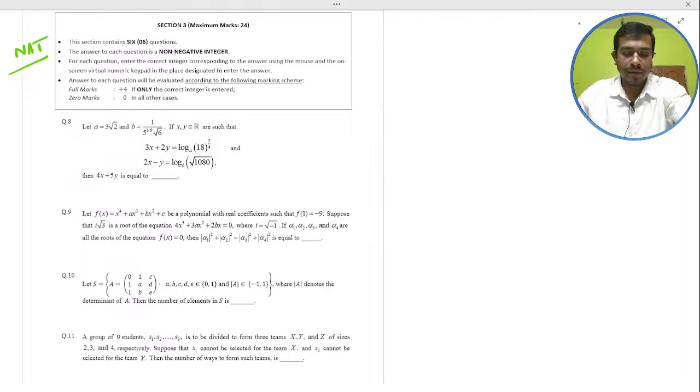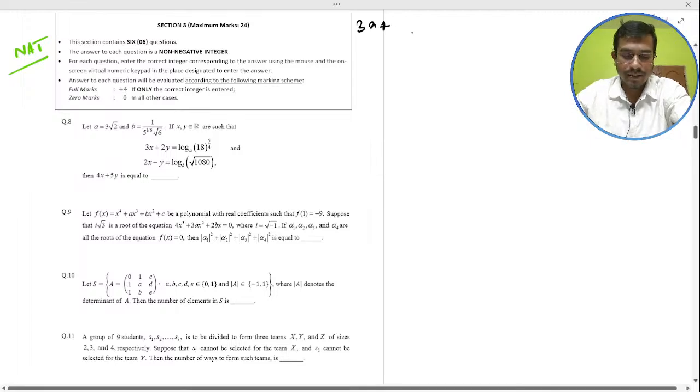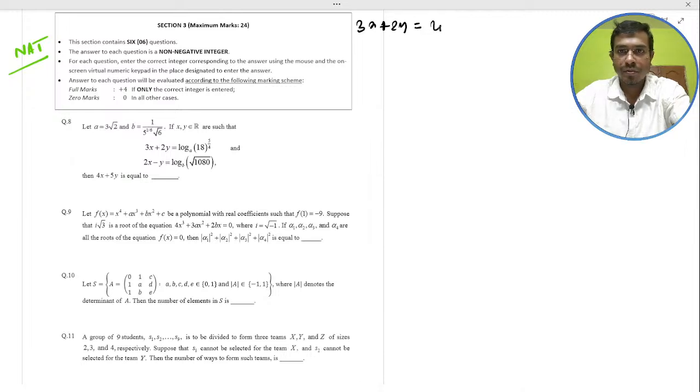Then 4x plus 5y equal to what? Simple. A, B are given. So 3x plus 2y equal to log base root 18 to the power 5 by 4. This is equal to 5 by 2.